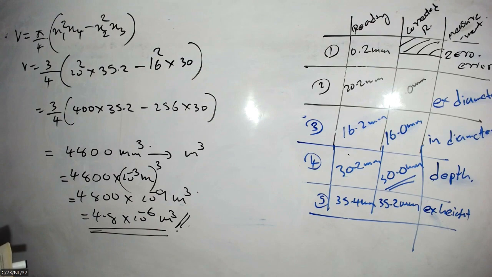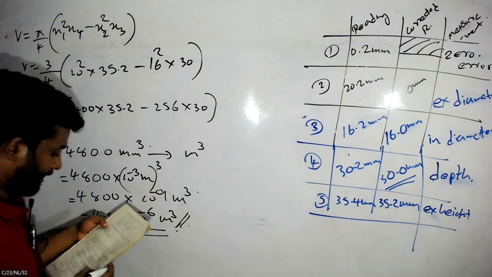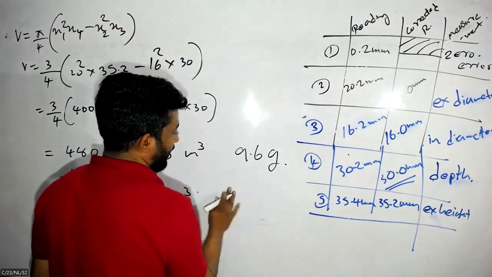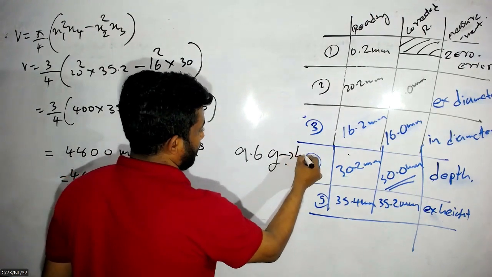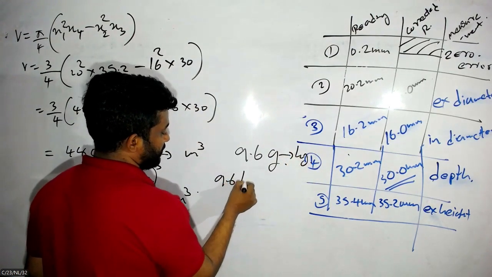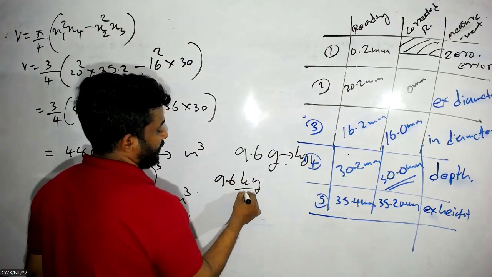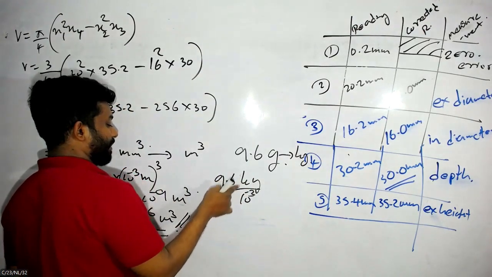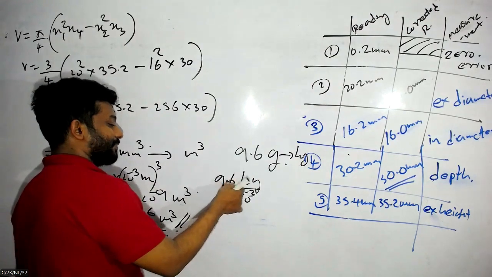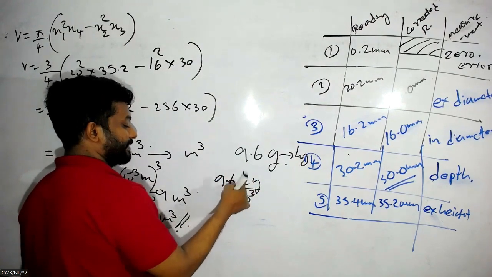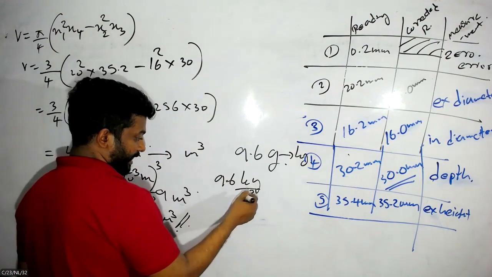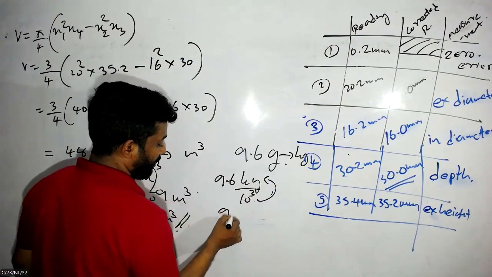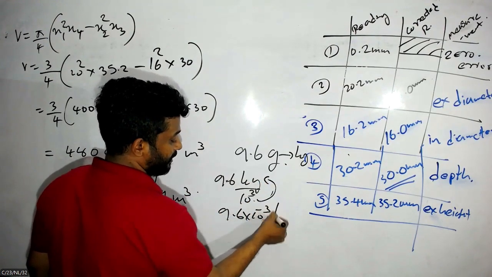Then they have given the mass of the object. The mass of the object is 9.6 gram. Again, you can convert this value into kilogram. When you substitute a new prefix, you have to multiply both numerator and denominator by the same factor. Then you can substitute the kilo symbol instead of 10 to the power 3, and bring this term from the denominator to the numerator. The answer is 9.6 into 10 to the power minus 3 kilogram.